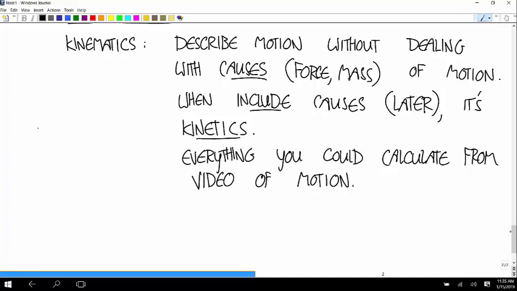But if you tried to go from there to calculating the forces that were required, you'd have to know more information. You can't get force and mass information from the video. Okay.